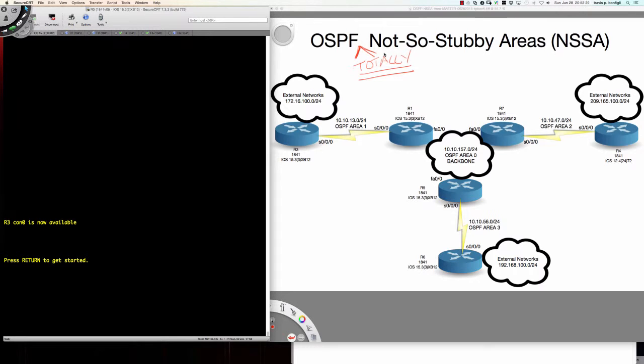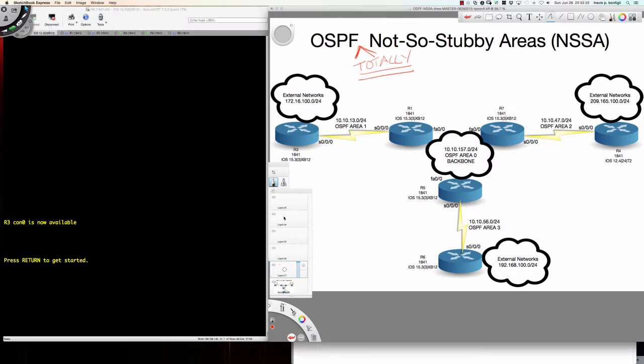So as a quick review, we've already discussed three other areas. The first was the stub, just the OSPF stub, which did not allow, so I'll put a little X there, type 4 or type 5 or type 7 LSAs.